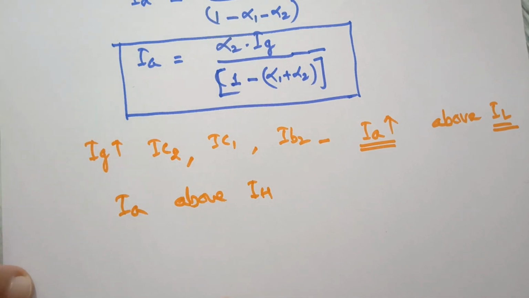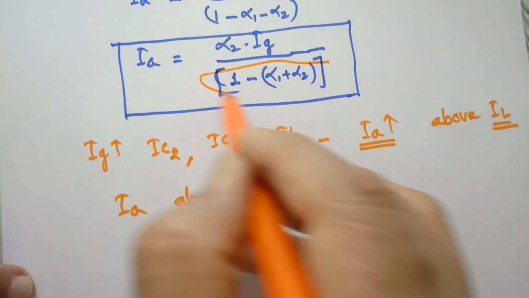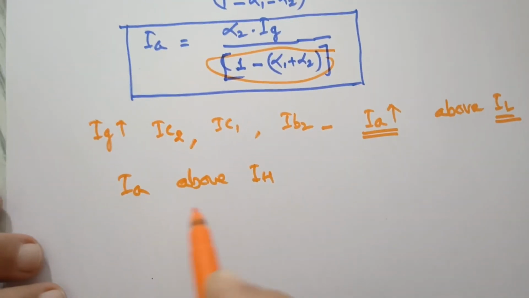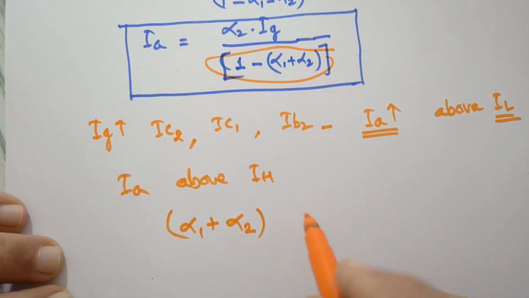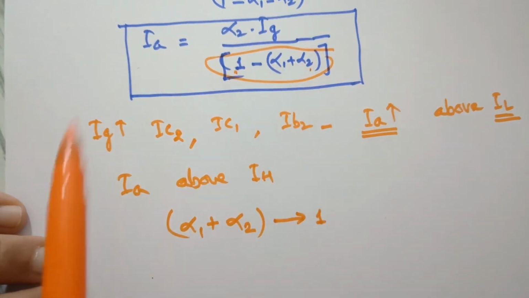Now look at this denominator. When small IG is injected, it increases alpha 1 and alpha 2, and their sum increases and approaches 1. What is the denominator here? 1 minus alpha 1 plus alpha 2.